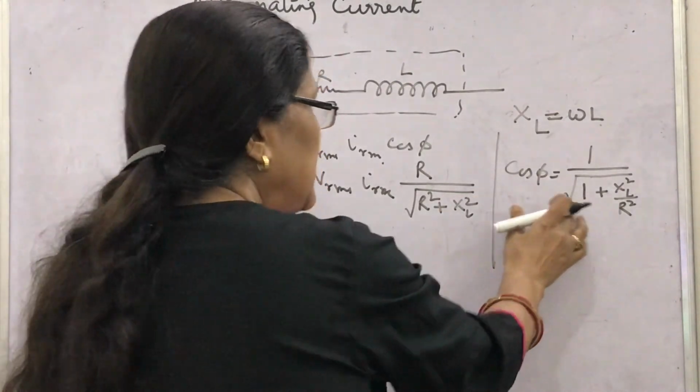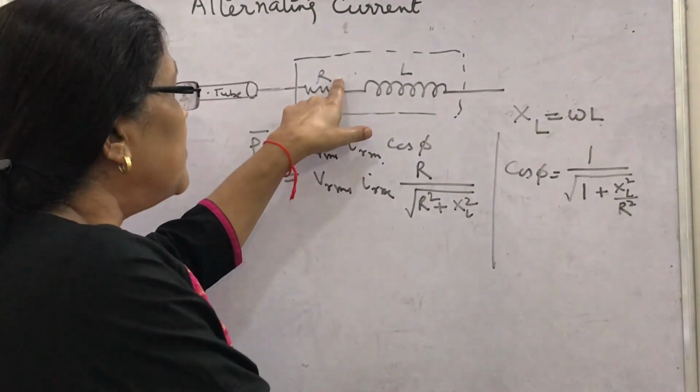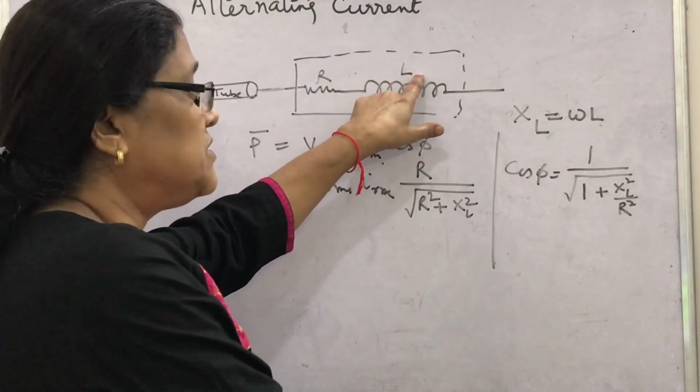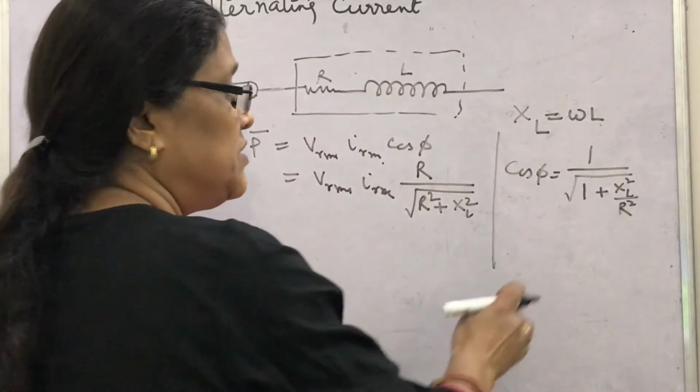What we have seen is that for cos phi, R is very less and XL is very high. What does it mean?